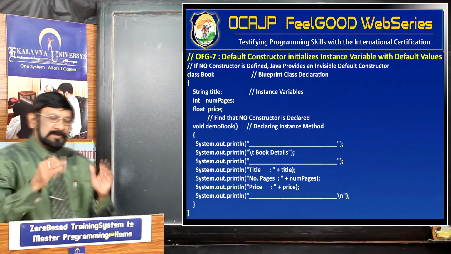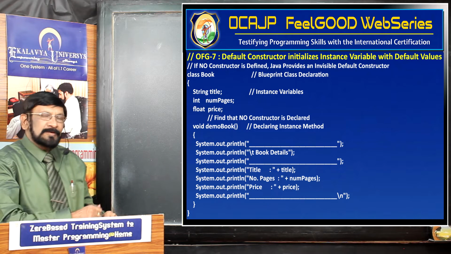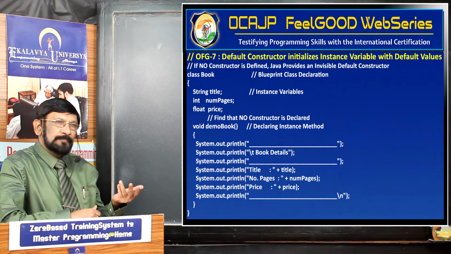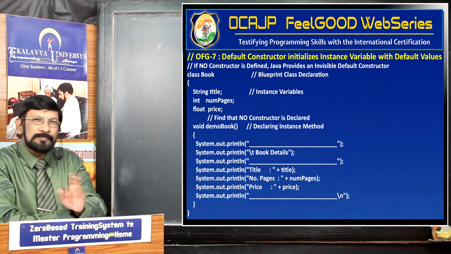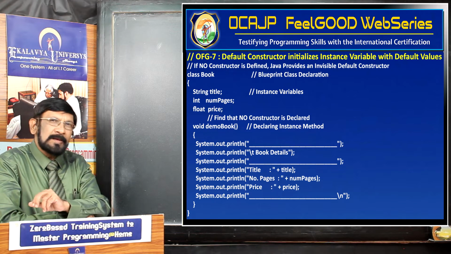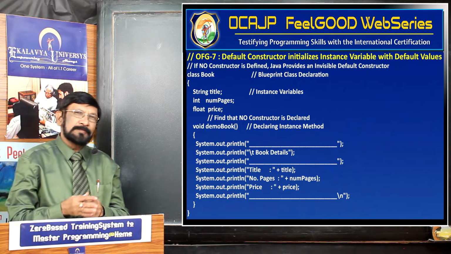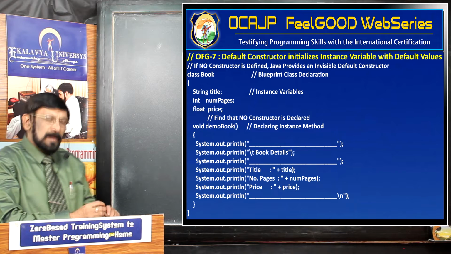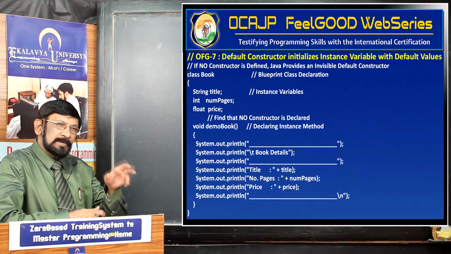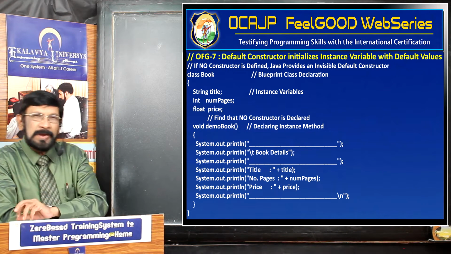Now let us see what its functionality is. As I told you, without initializing instance variables we cannot get any result. Suppose those are like containers. Simply having empty containers, what do you get? You don't get any result. But don't think it is empty or filled with a garbage value.